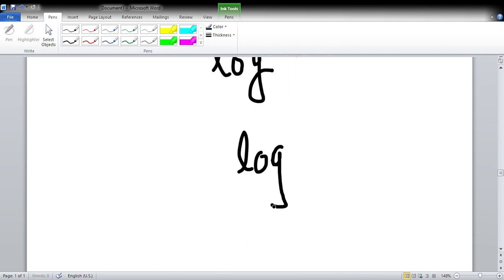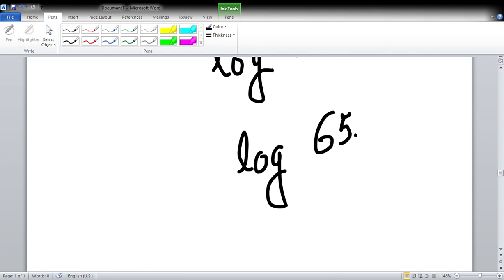Log 65 with no base given means base 10. Simple thing. So when a log is given with base 10, it is a common logarithm, and if there is no base given for a logarithm, you need to assume the base is 10.